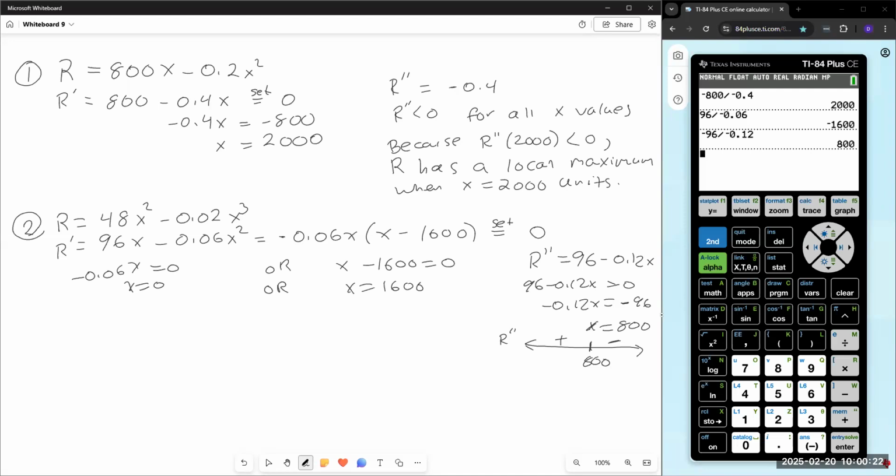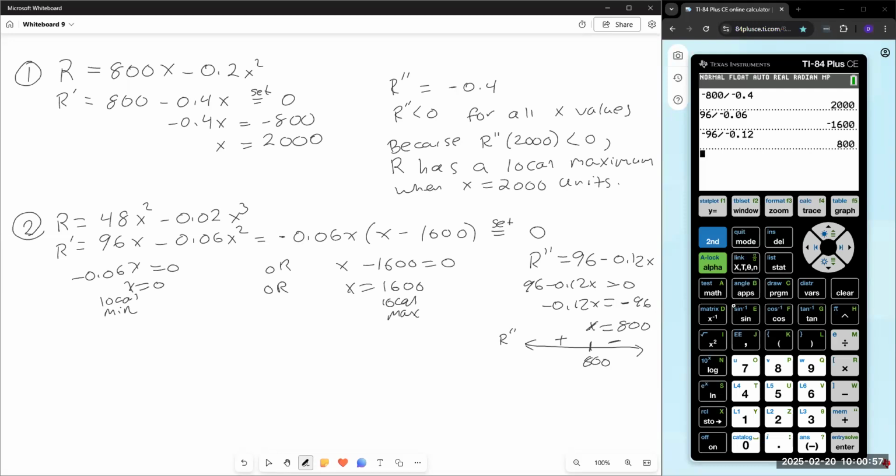So if c, our critical number, is less than 800, then we have a local minimum. If c is greater than 800, we have a local maximum. So this is a local minimum, and this is a local maximum. We're interested in the local maximum. So we're interested when x is 1600.